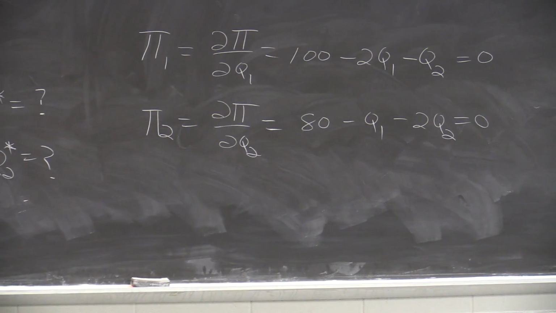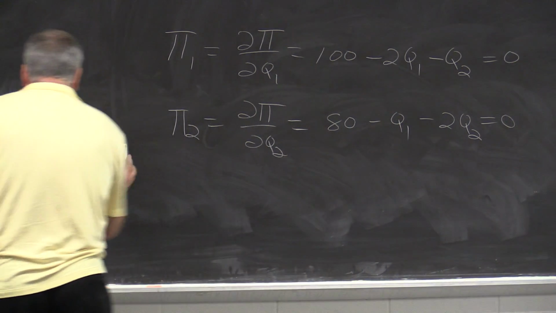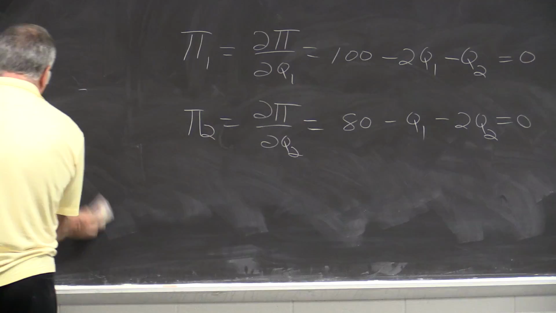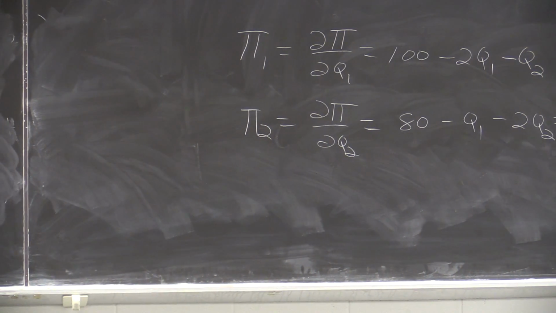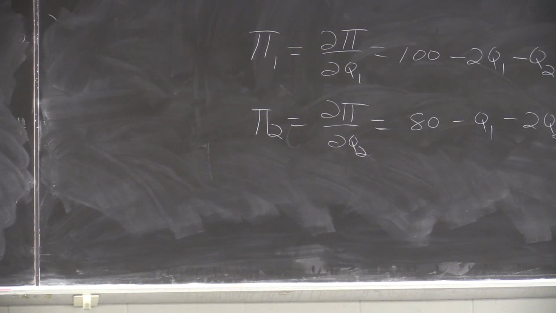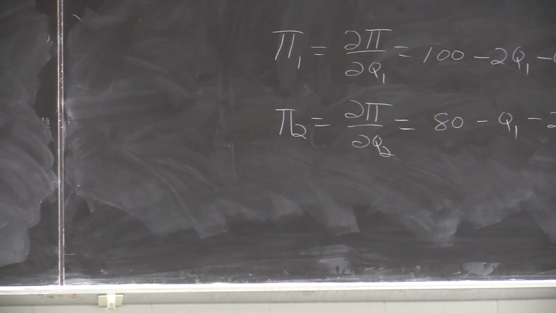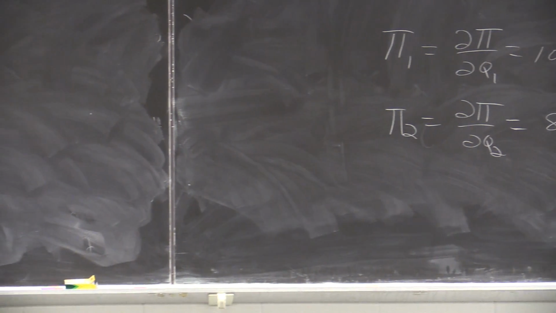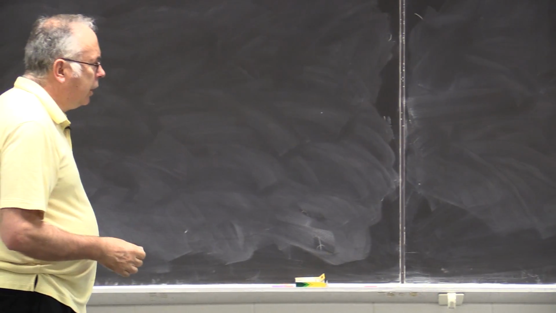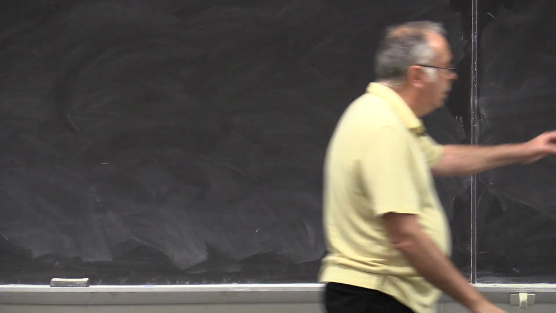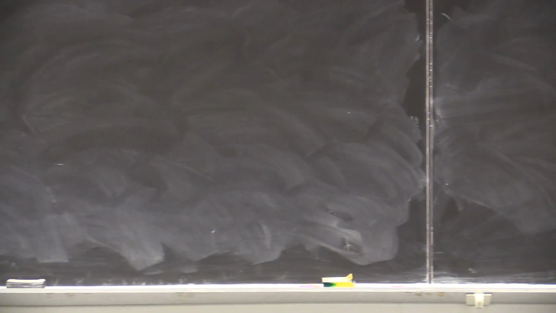And I know we didn't do matrix algebra, but let me just teach you a good trick here. It's called Cramer's rule. A very nice way of solving a system of linear equations. Let me rewrite those two first order conditions. Just bring the q1 and the q2 over to the right.